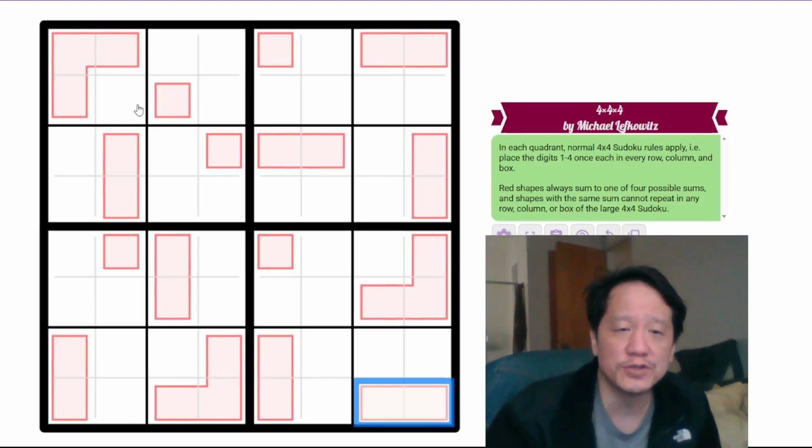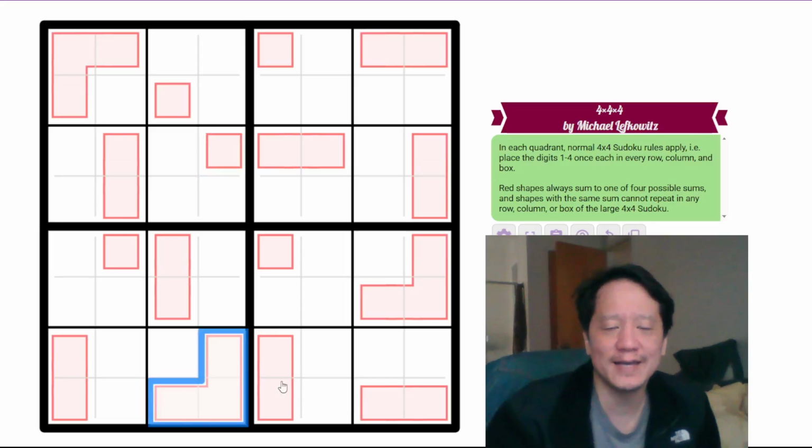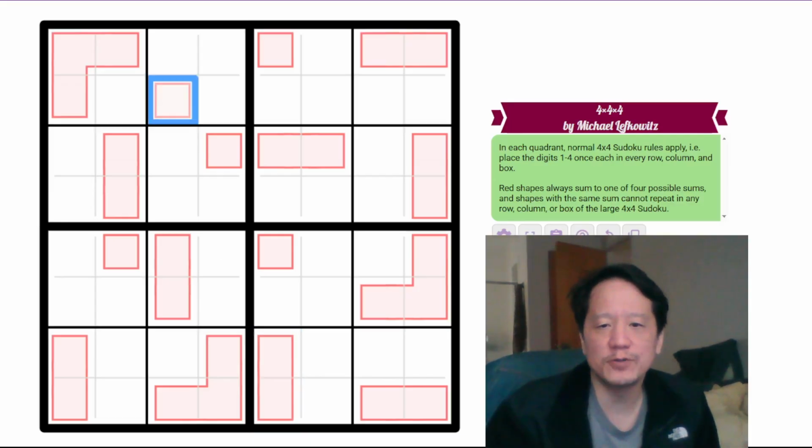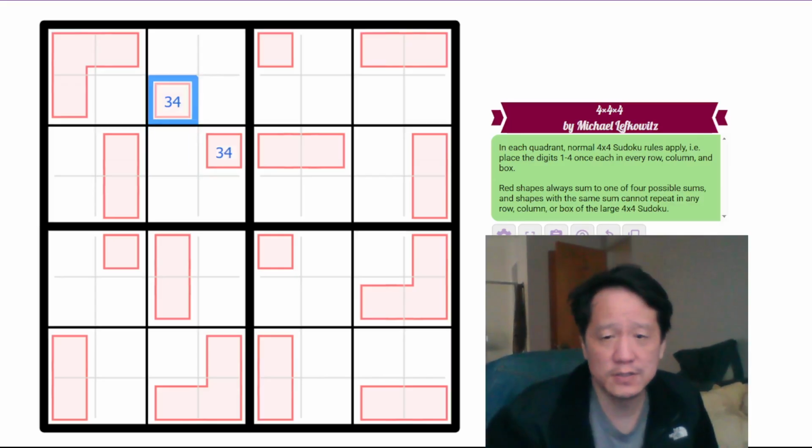So therefore, the sum of these must be a 3-4 pair, because they must add up to 3 or 4 in row 4, right? So these have to be 3 and 4 specifically, and they must be different digits.